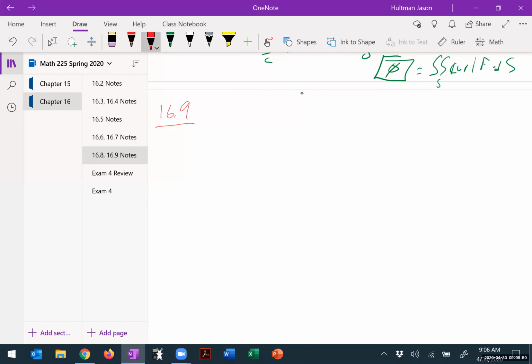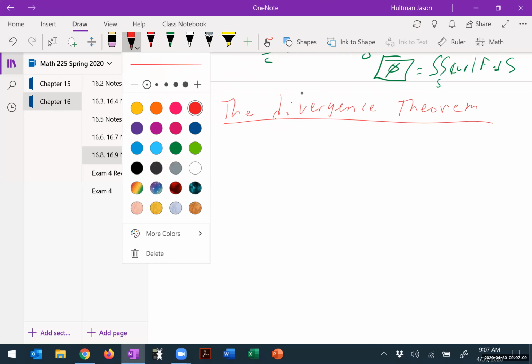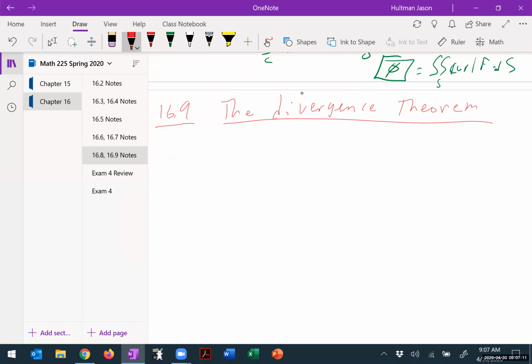16.9 is called the divergence theorem. Okay, I kind of like the thicker pen there.